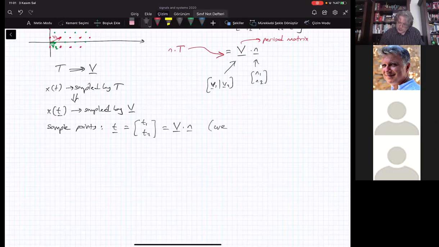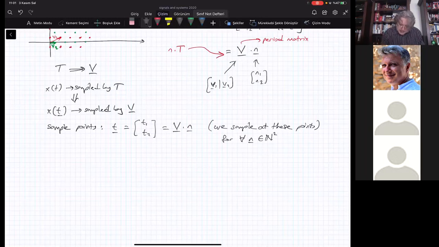So we sample at these points. Of course, for all integer n, for all n, an element of Z squared. It's a vector with two integer elements. So these are our sampling points.